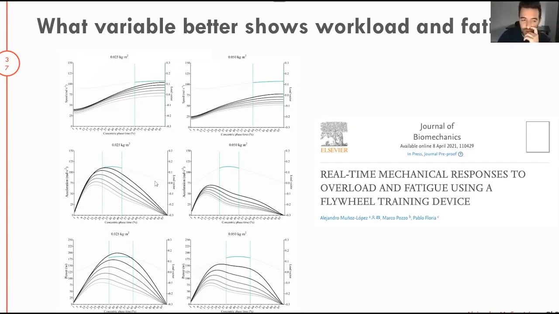We are not focused now on the eccentric phase. So we saw that after the peak acceleration, we found the highest variation among different moments of inertia, as you see here, and among different repetitions. What you see here is the 5th repetition, the 10th repetition, 15th, 20th, 25th, and 30th repetitions. So the highest variation is presented here.